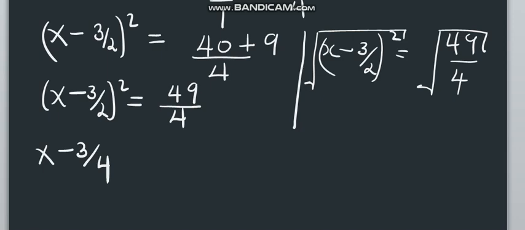Yes, remember, if we take the square root, this one can turn to be positive or negative. So it will be positive or negative. Now what is the square root of 49? The square root of 49 is positive or minus 7 divided by, what is the square root of 4? The square root of 4 will be a 2.